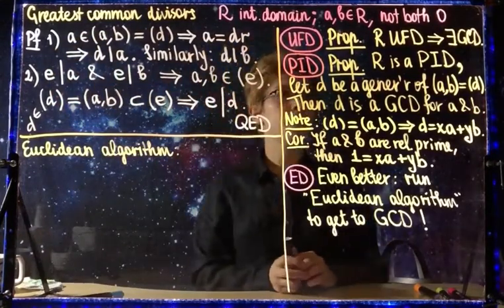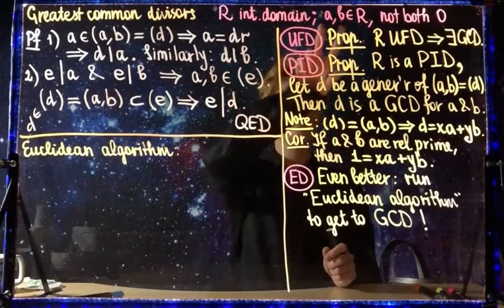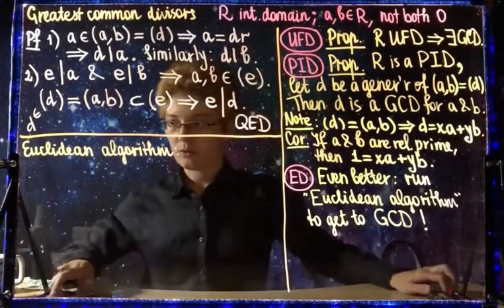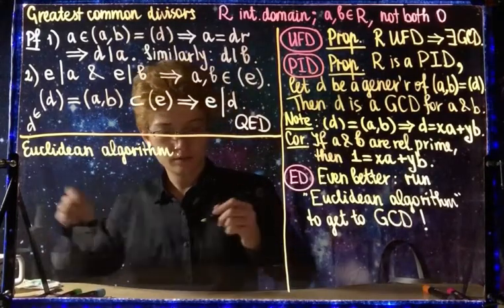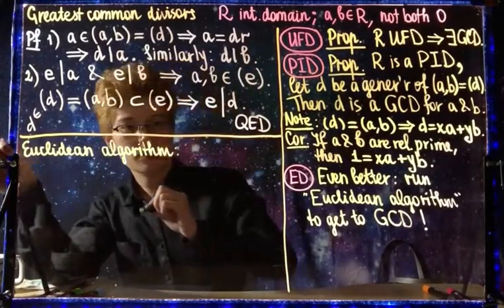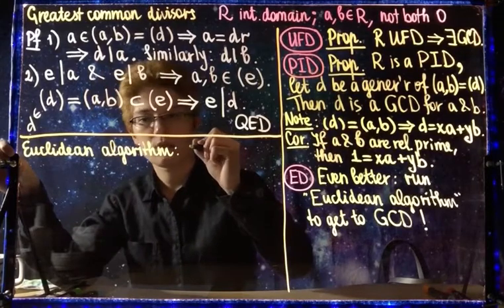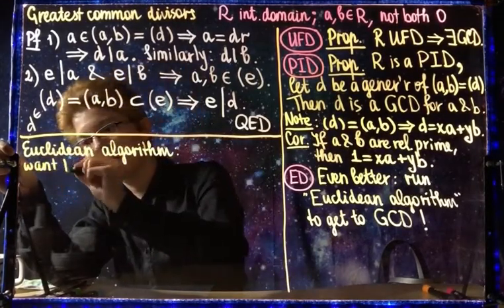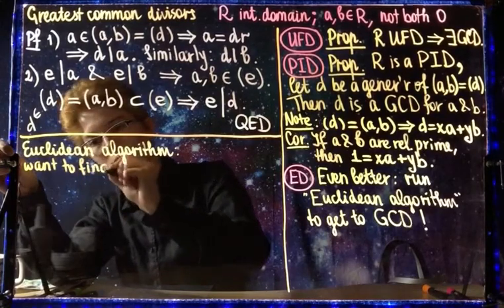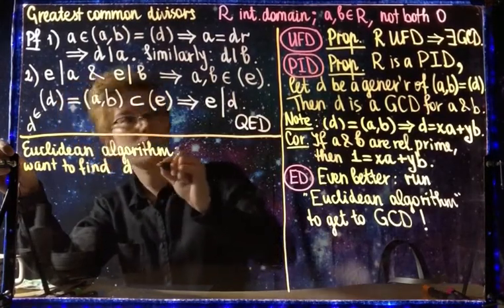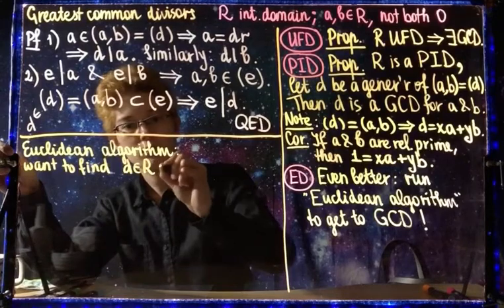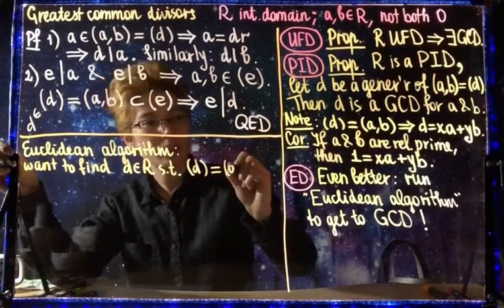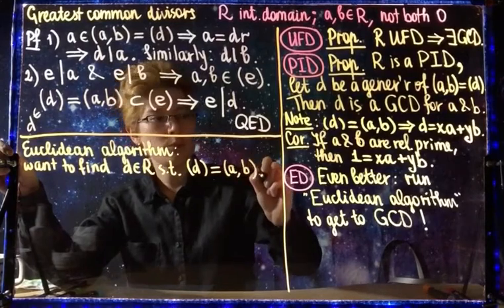We again have that A, B are not both 0. So we want to find an element D of R which generates the ideal (A, B).